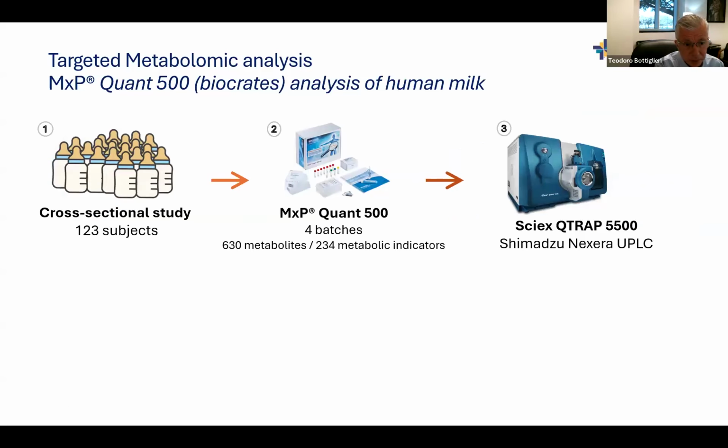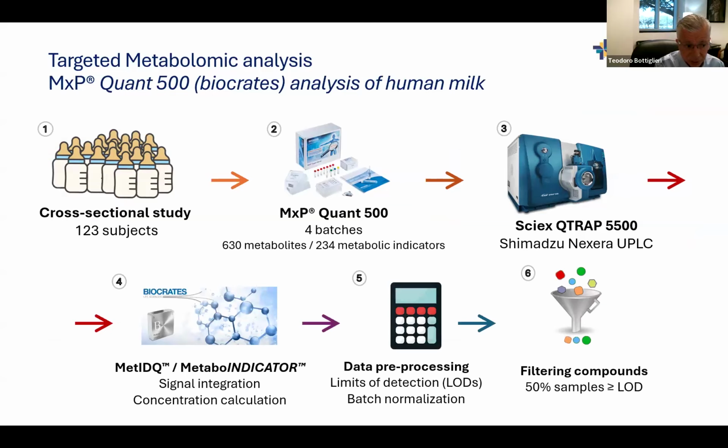Just outlining what I've mentioned, the kit measures 630 metabolites and 234 metabolic indicators. We use the MetIDQ program supplied by Biocrates. Right now we've transitioned to WebIDQ, but at the time we were using MetIDQ.